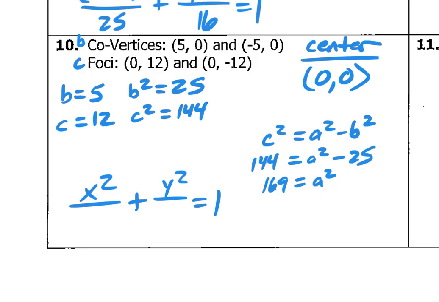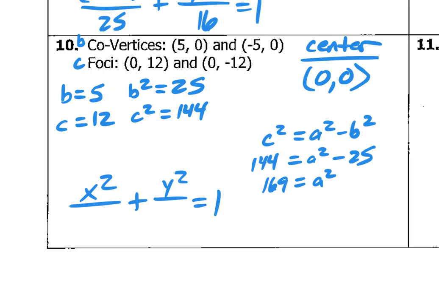Okay, once again, we got to decide what type of ellipse we have here. So if I go 0, 0 to 5, 0, that is 5, but that's the shorter axis. Up and down is the longer axis. The foci, oh, sorry, we went left and right. The foci are going up and down, and we're going up 12 and down 12. The foci land on that longer axis.